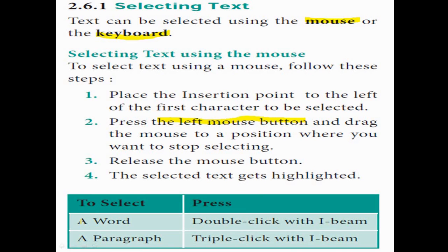There is a shortcut method for selecting a particular word. Double click with the I-beam on that word to select it. To select a paragraph, triple click with the I-beam.